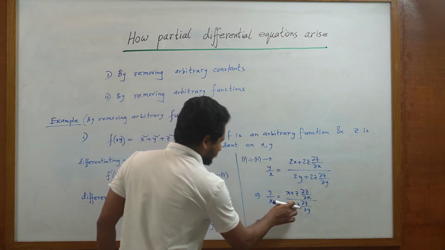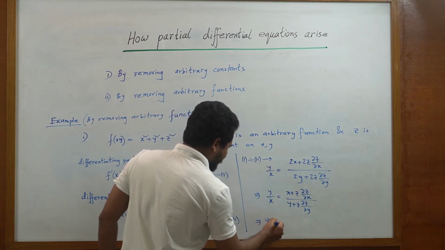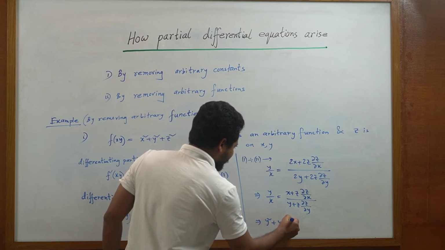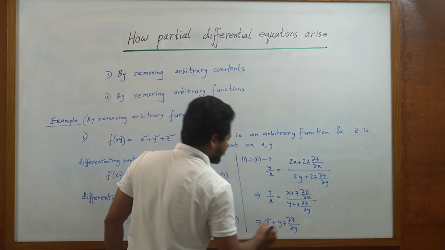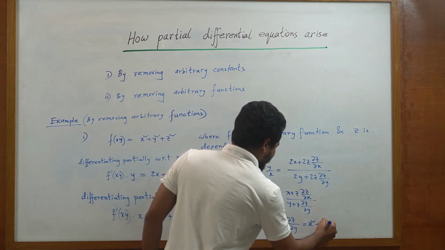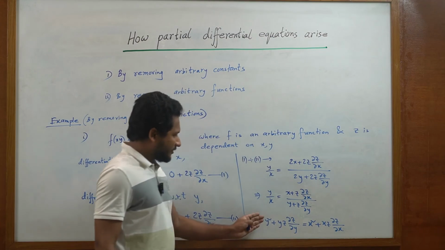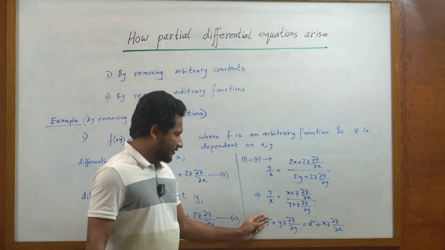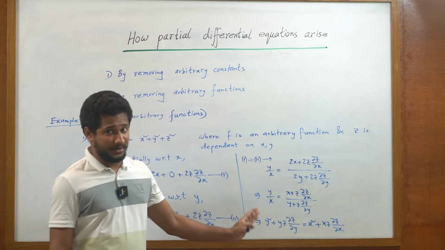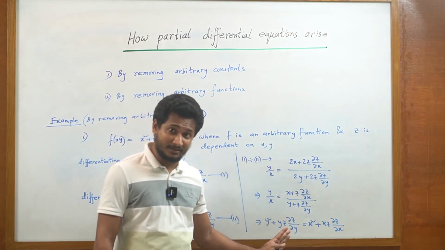Now we will simplify this: y square plus yz del z del y equals x square plus xz del z del x. So this is the equation where partial derivative operators are present but no arbitrary functions are present.